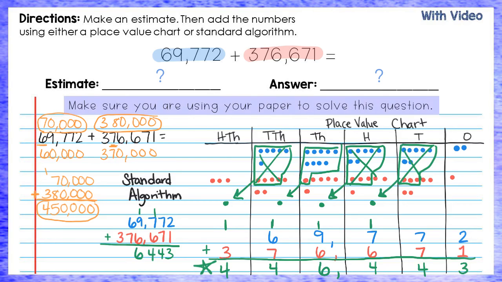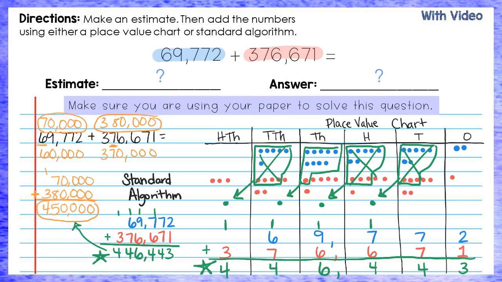We're going to keep 6 and regroup 10 into the next column. 1 plus 6 is 7, plus 7 more is 14. We're going to keep 4 in the 10,000s and regroup the 10. Then we have 1 plus 3 is 4. And we got the same answer, and it's still very close to our estimate.